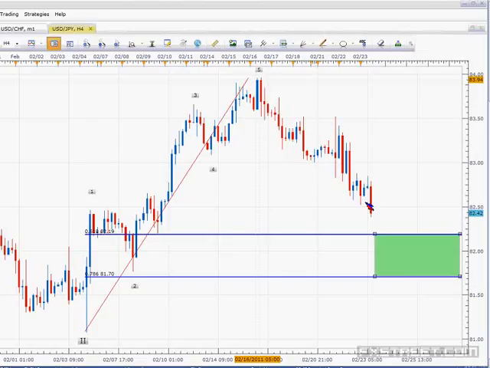When you see corrective moves, corrective moves tend to be fully retraced. So if I've labeled this correctly, then prices are going to blow above this 84 level. Now, I could take profits at the 84 level. I could look for a higher projection based on the 161.8 extension, like Patrick mentions. There's a lot of different places I could take profit.